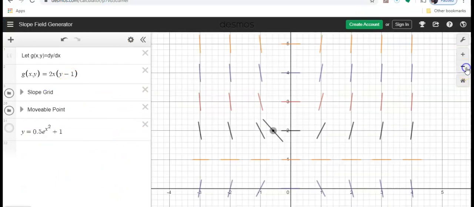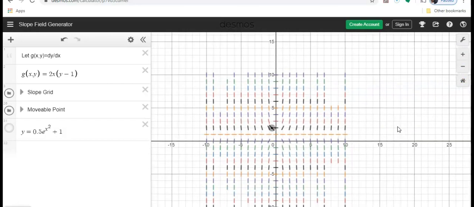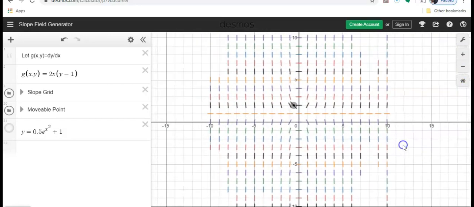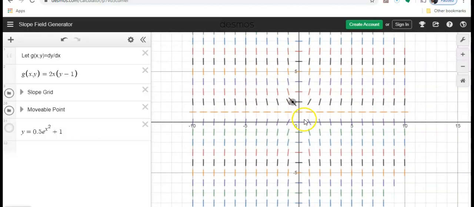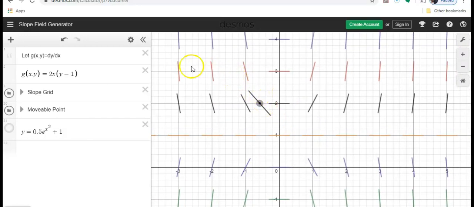Now I'm already kind of zoomed in on this slope field. If I zoom out, I can change different settings here to show more or less of the slope field. What it does is it gives you this little point that you can move around. So I'm going to zoom back in. The segments that you see here, the slope of them is the value of this derivative at the ordered pair that it occurs at. To just kind of confirm that, check out this ordered pair (1, 2).